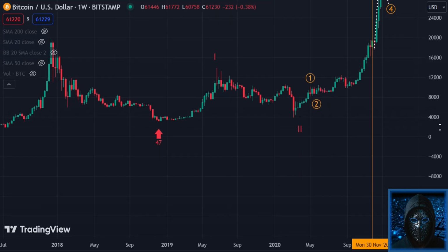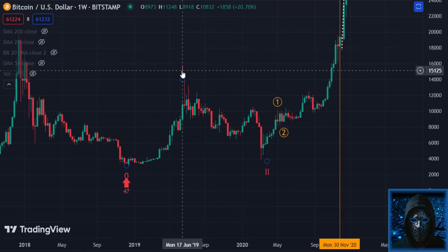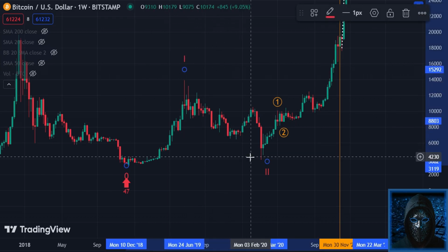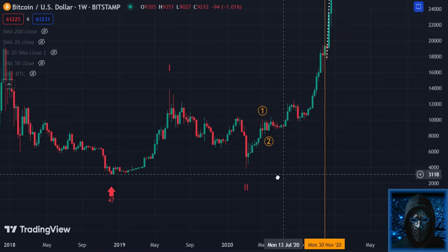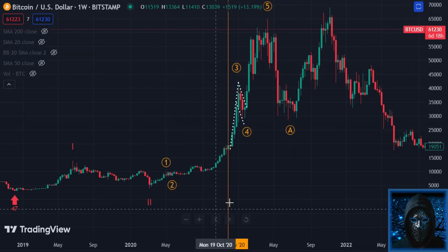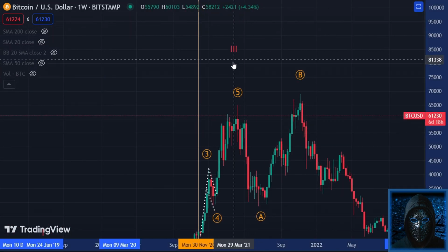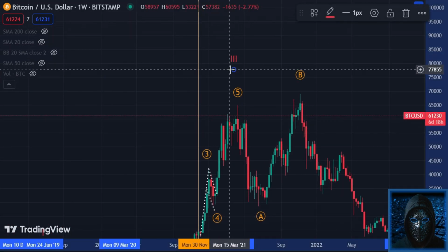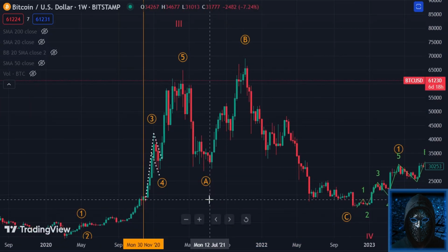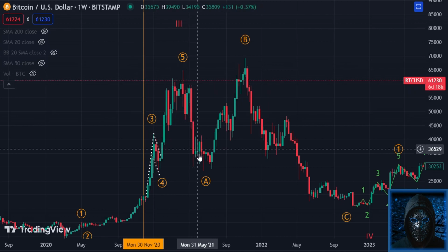So starting all the way back here in 2019, we have our first wave 1, and then our wave 2. We then rallied in a 1, 2, 3, 4, 5, finishing off this wave 3. We came down in the bear market. So bear market basically started in April.